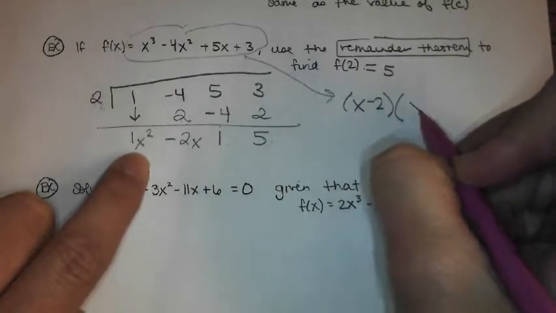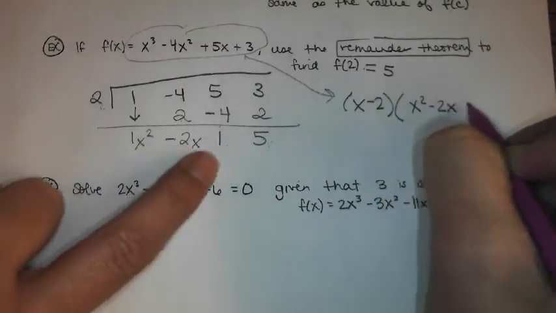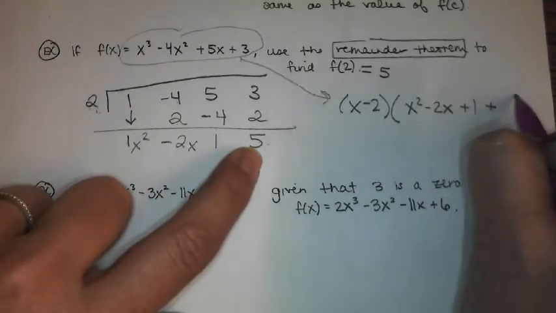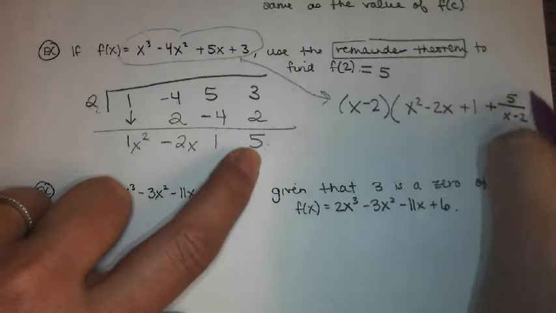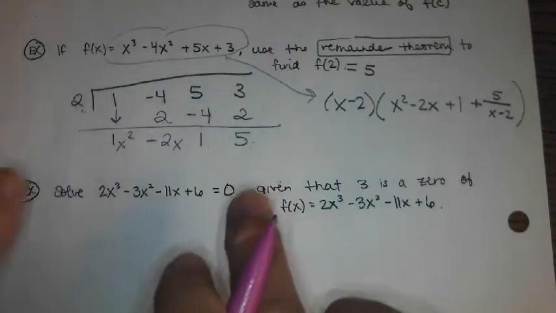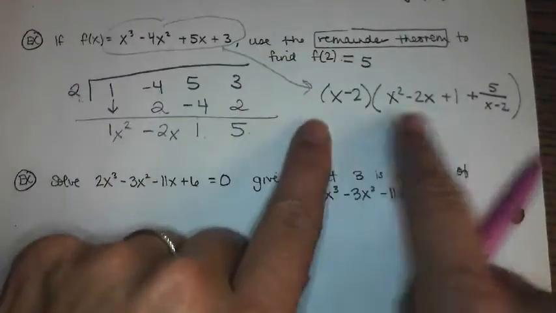So we get x squared minus 2x plus 1 plus our remainder of 5 over the divisor of x minus 2. So if they ask you to use synthetic division to factor, these are the factors.